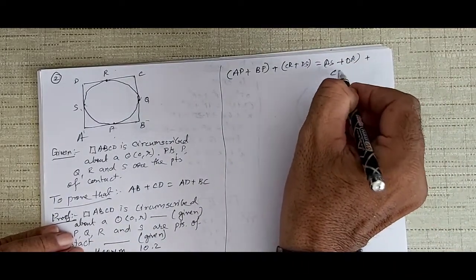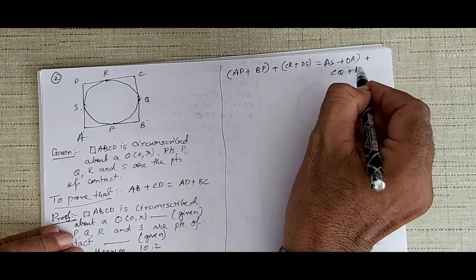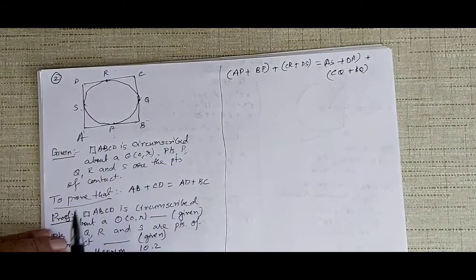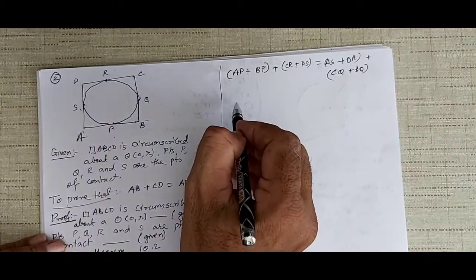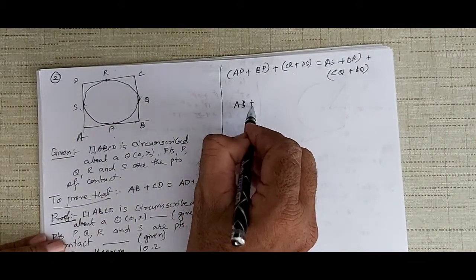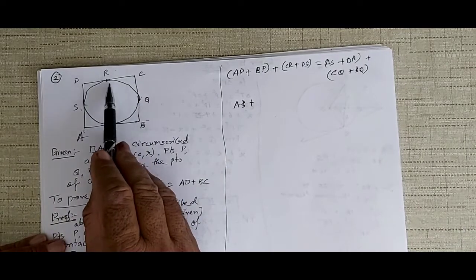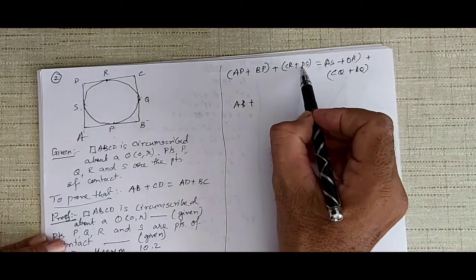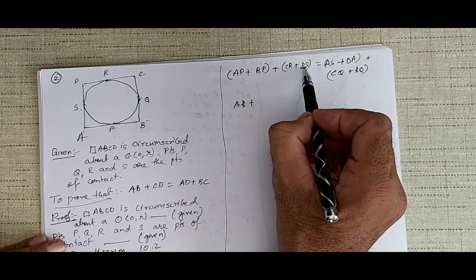And CQ plus BQ, okay, CQ plus DQ. Now you can see that AP plus BP is AB, CR plus DS. But DS is equal to DR, okay.